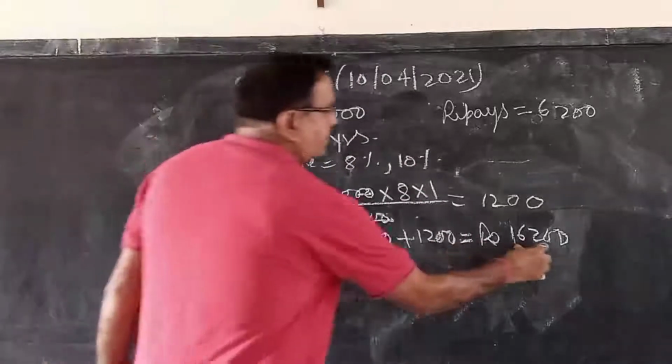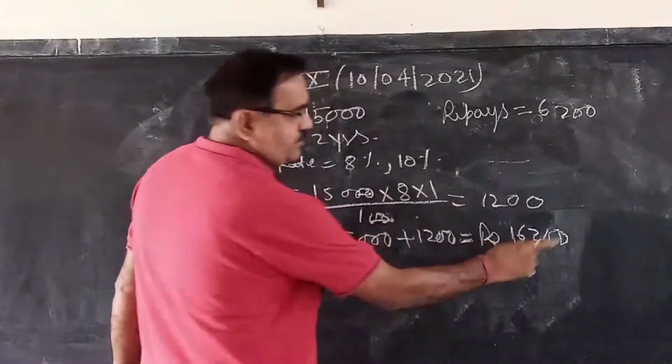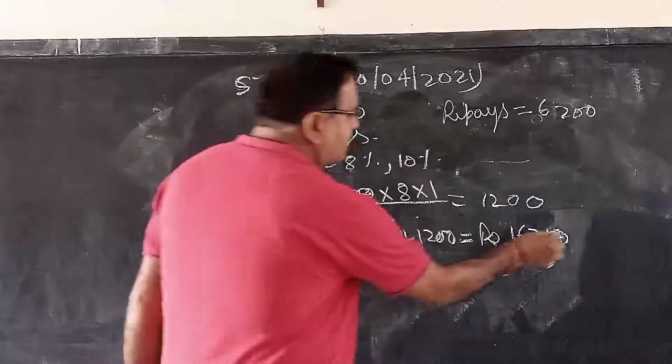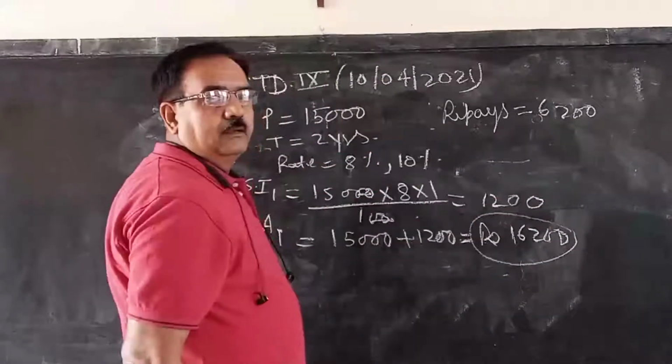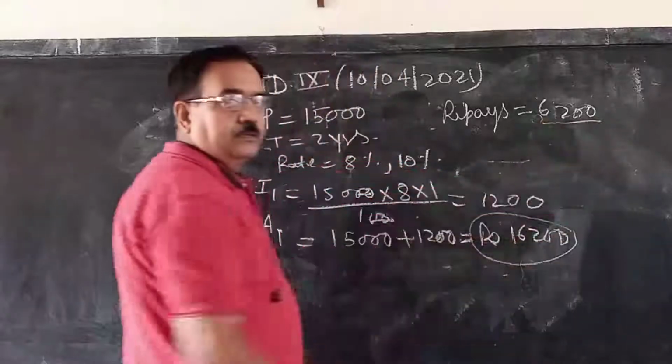Now this is the amount after the first year. Now from this amount, it is given that he repaid, meaning returned, 6,200 rupees.